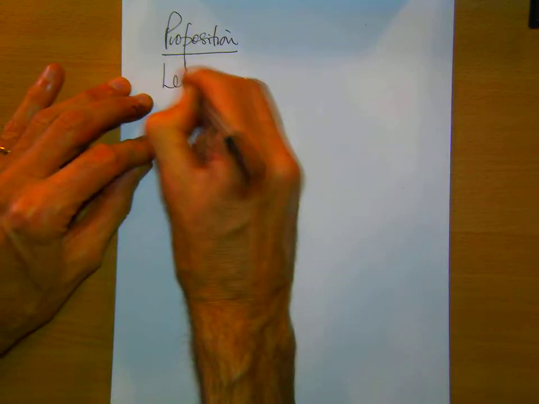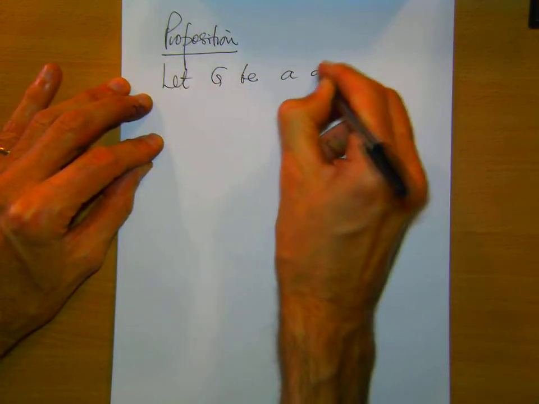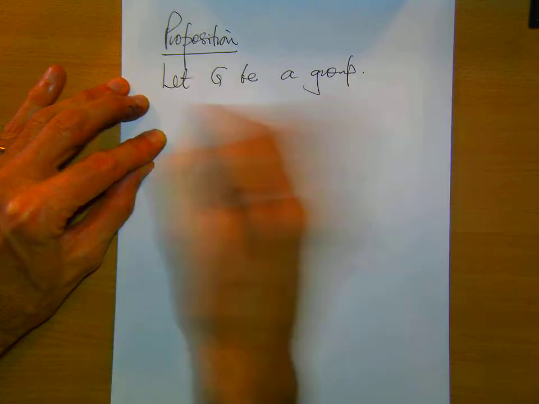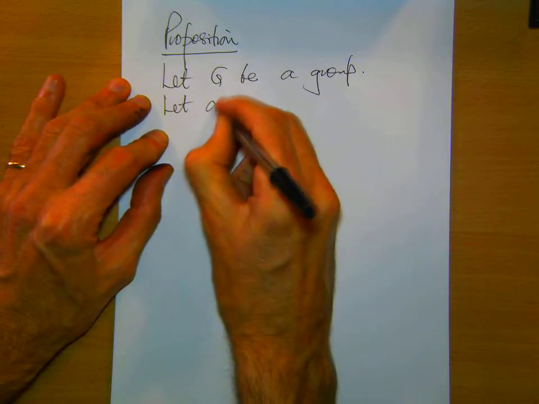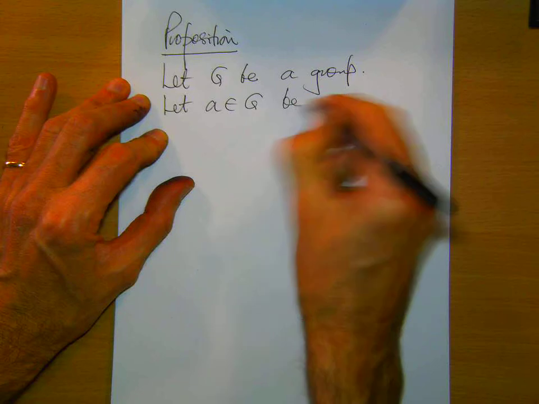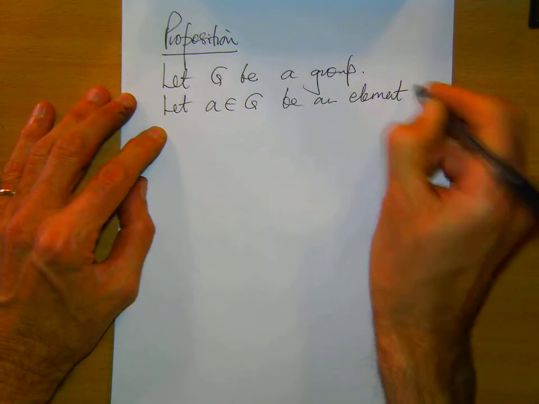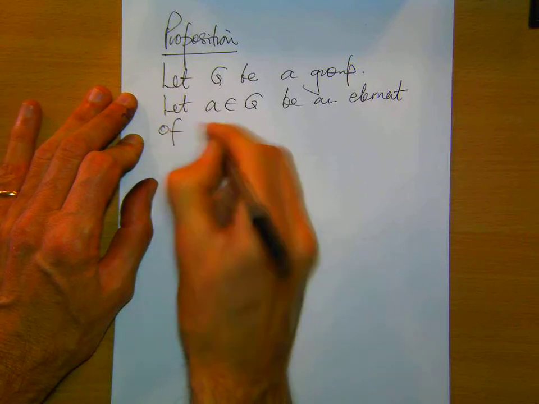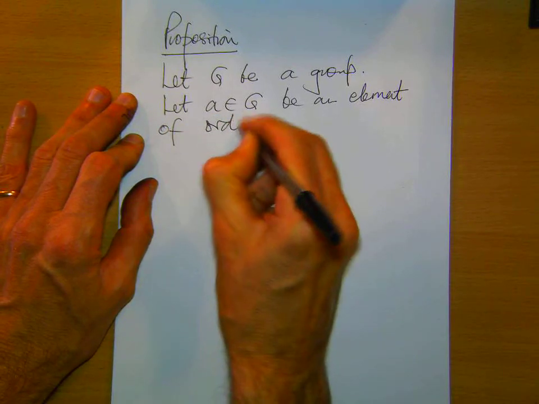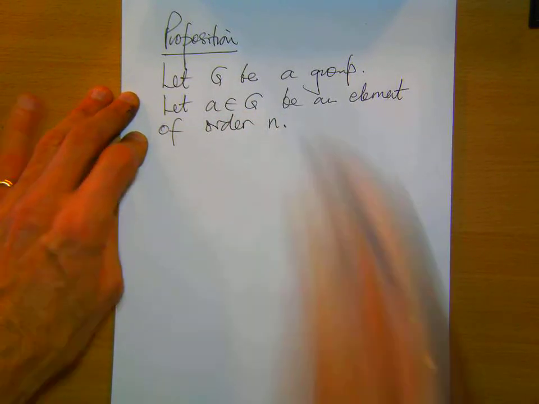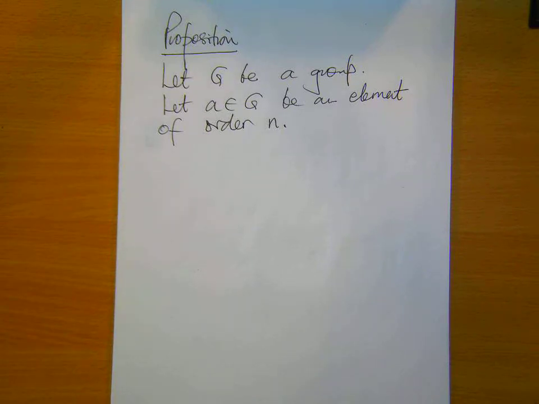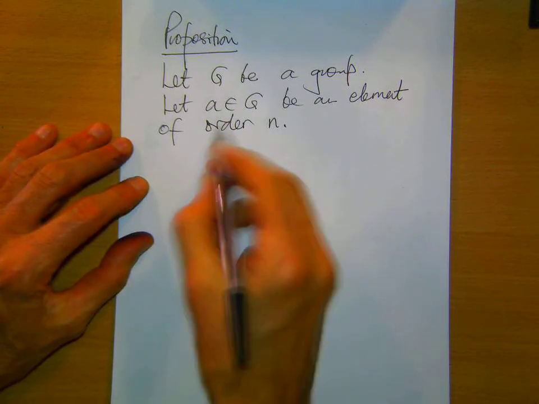So let G be a group. Let a be an element of order n, so finite order n. Well, we've just computed the order of a to the s.